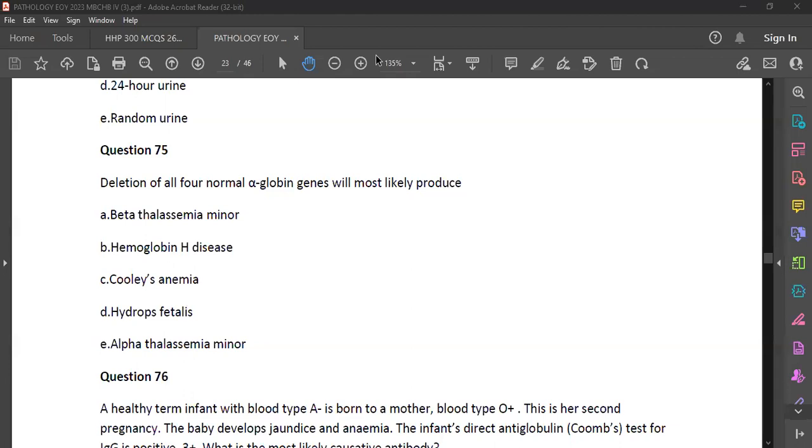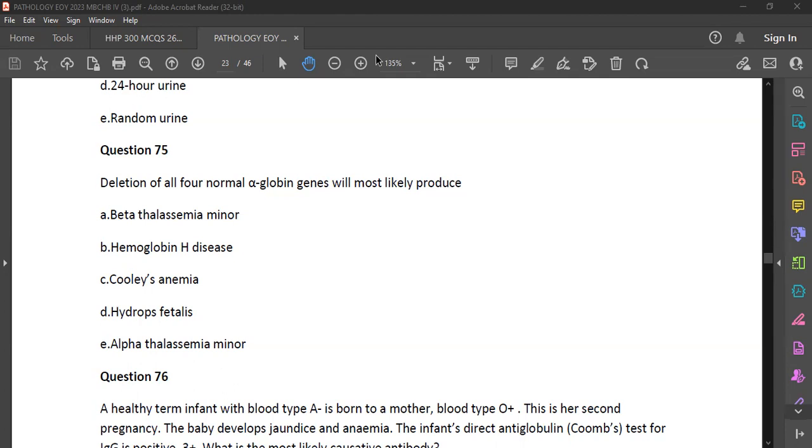We said that in case you're having all four genes deleted, you're going to have hemoglobin Bart's, and for hemoglobin Bart's, you're going to have hydrops fetalis, meaning that it's not going to be compatible with life. However, if you're having three of them deleted, you're going to have hemoglobin H.